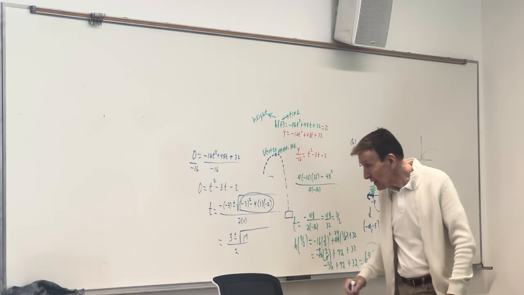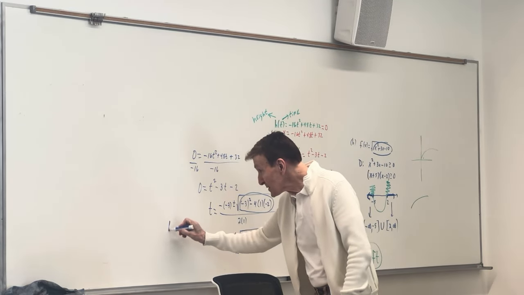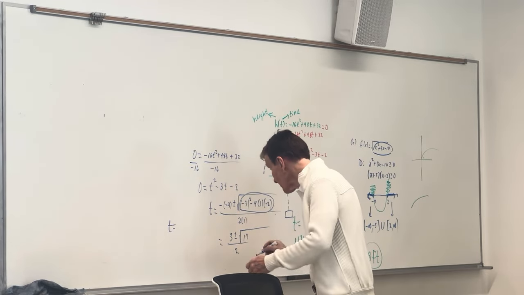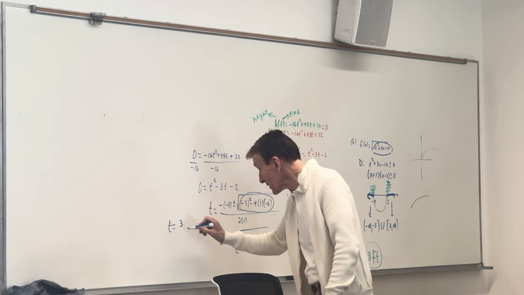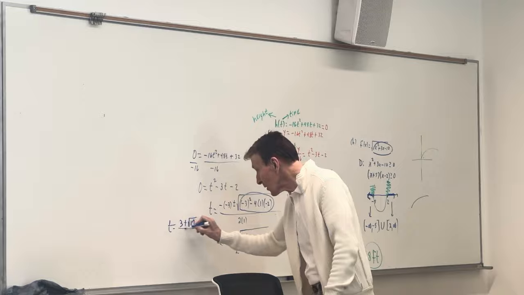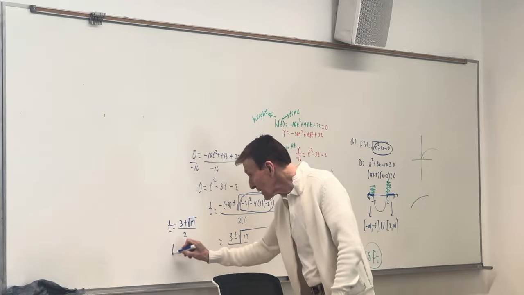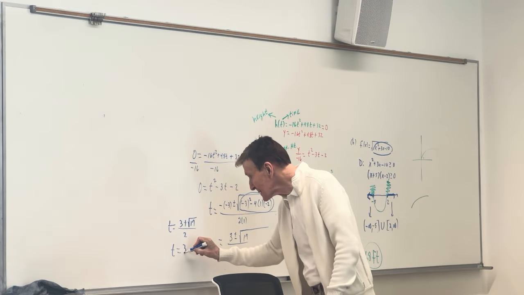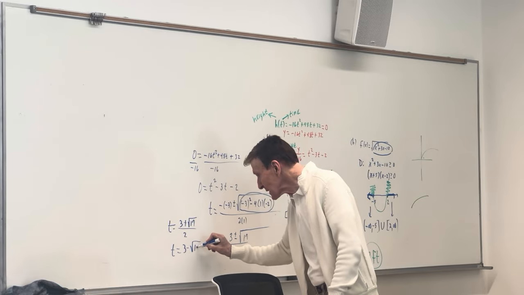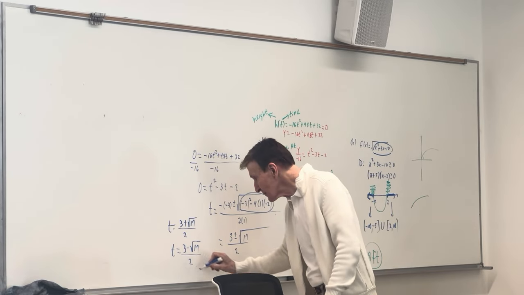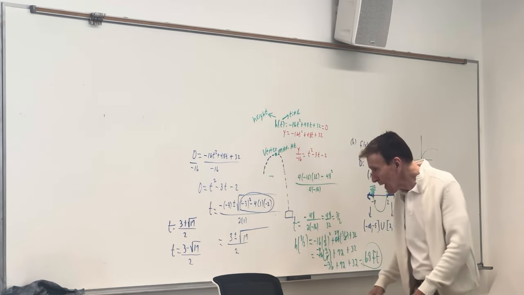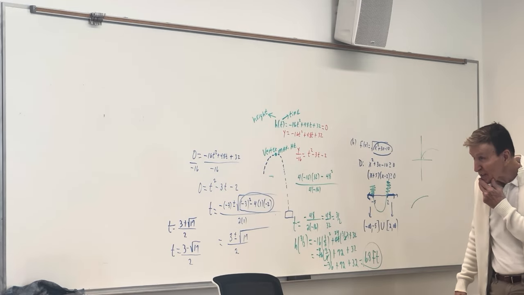Well, we've got 2 answers here. One of the numbers to look at is 3 plus radical 17 over 2. And the other one is 3 minus radical 17 over 2. I just separate them for the times. Those are the ones we're supposed to consider.